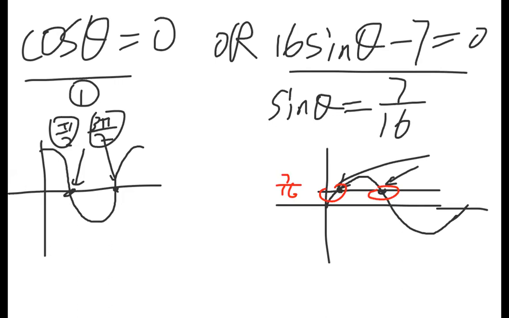So in order to find the exact value of theta, you have to use the inverse trig. However, the inverse trig only works with angles between minus pi over 2 and pi over 2. So that means you can only find the value for the first angle.